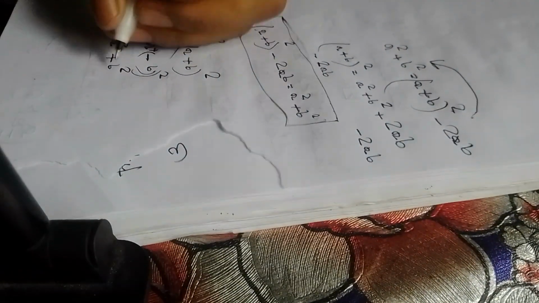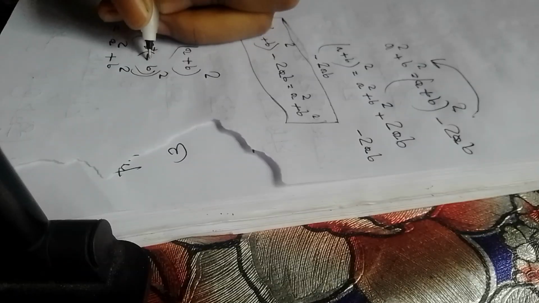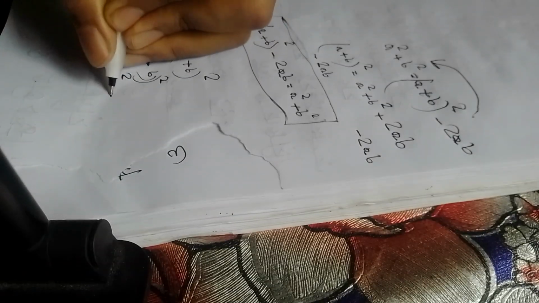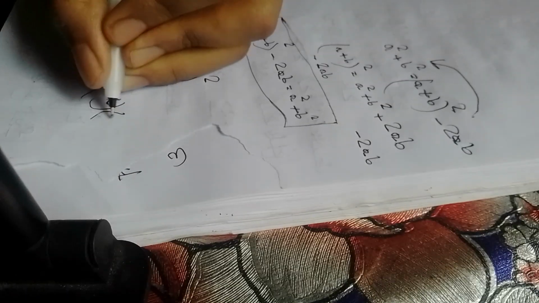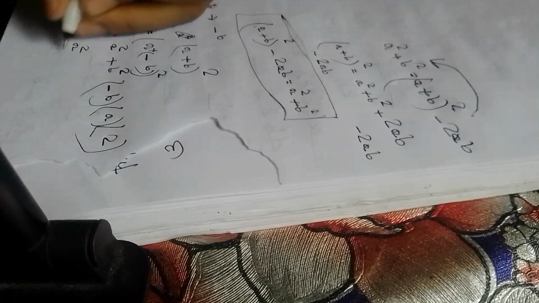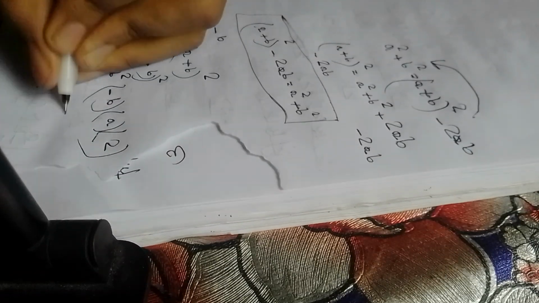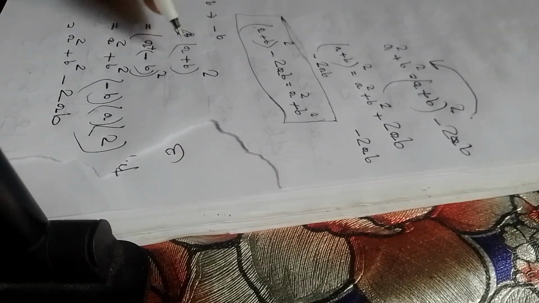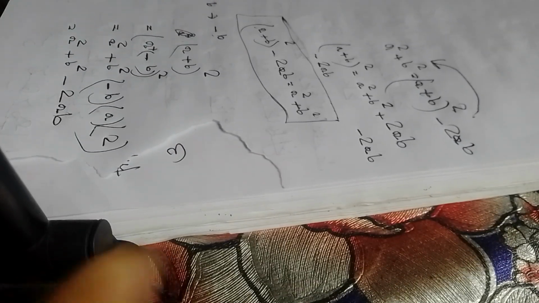A square plus b square, because the square of a negative is always positive, minus b into a into 2, meaning a square plus b square minus 2ab. Just set b as minus b instead of just positive b. Okay, and then you will get the idea.